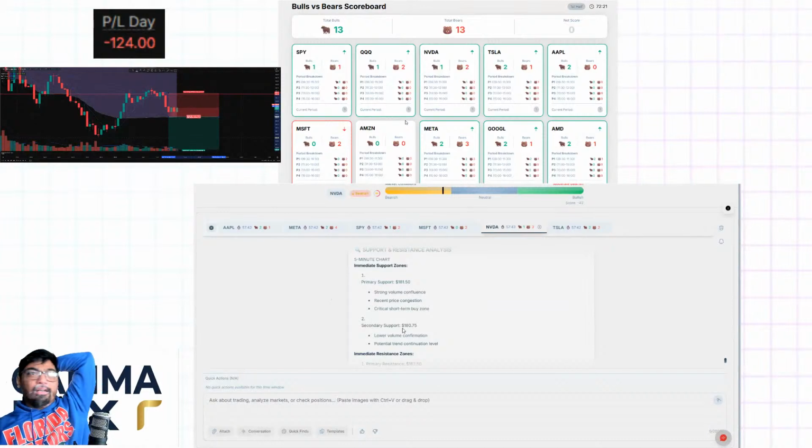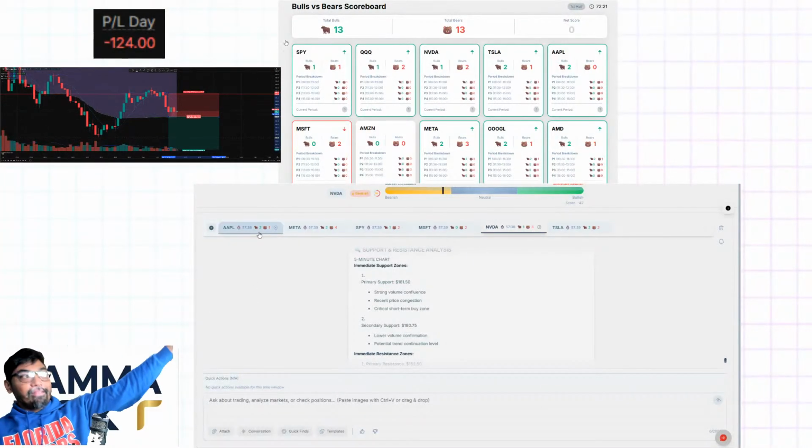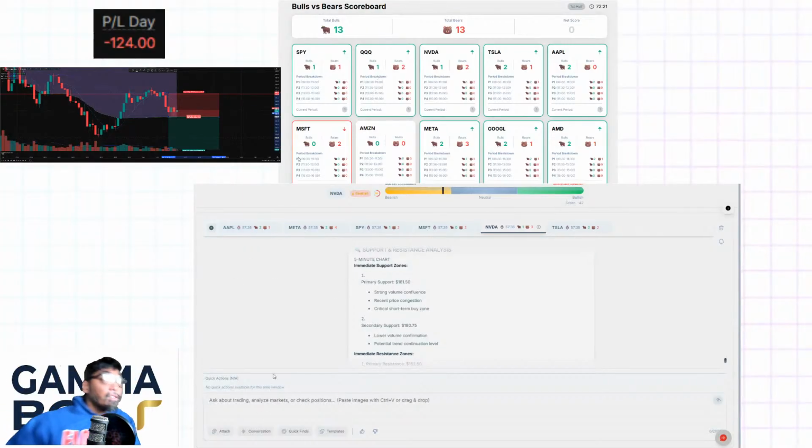I should have waited for a pullback, and it probably set it here. But I was looking at the scorecard. Right now, it is 1-3 Bulls versus Bears in the NVIDIA.